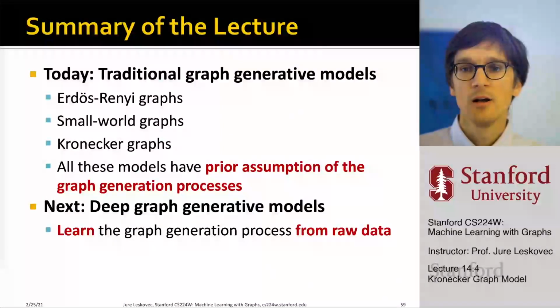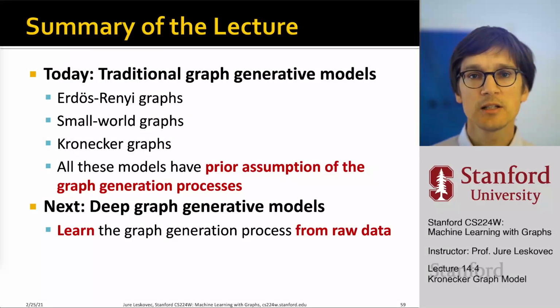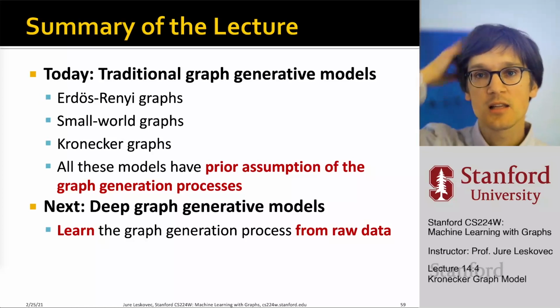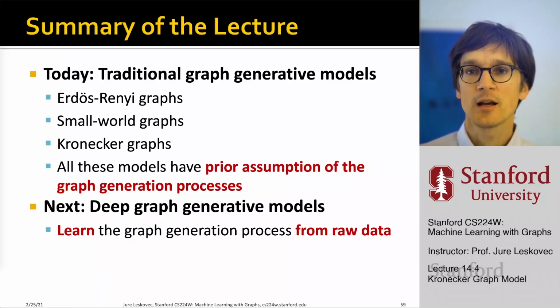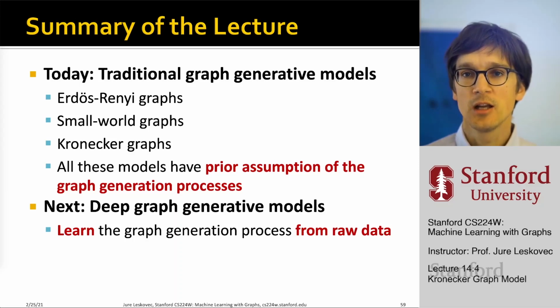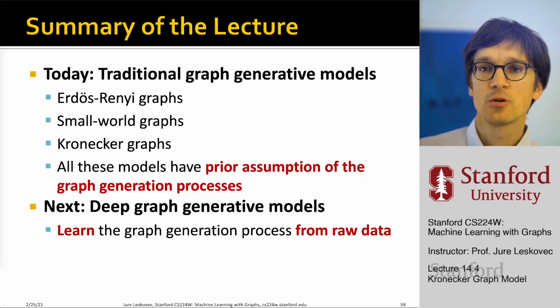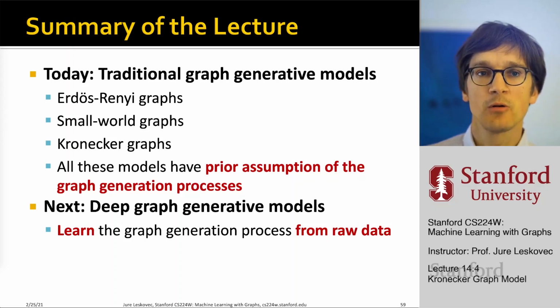So to conclude the lecture for today, the summary. Today we looked at these traditional generative models for graphs. First, we discussed what metrics we use to characterize the graph. And we talked about degree distribution, clustering coefficient, the giant connected component, as well as shortest path length. We started with the simplest possible generative model called the Erdos-Renyi random graph model.